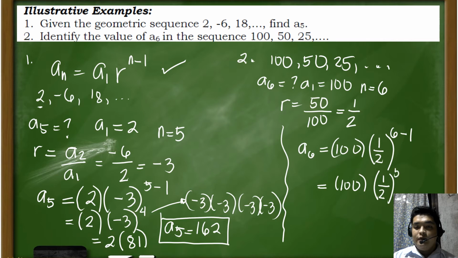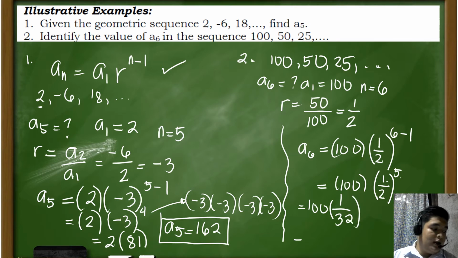That is 5. So 100 times 1 half raised to 5. 1 raised to 5 is 1, since 1 times 1 times 1 times 1 times 1 is 1, over 2 raised to 5, which is 32.